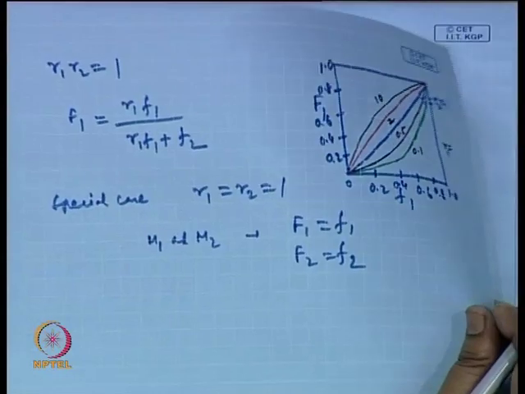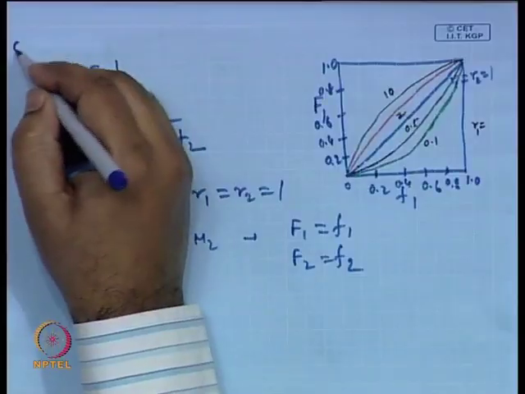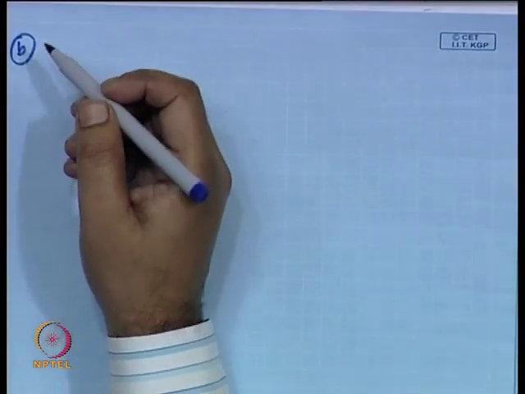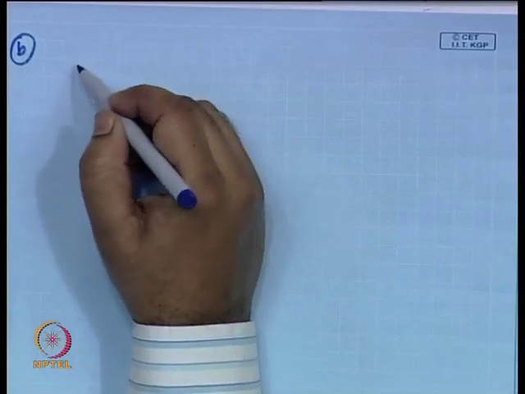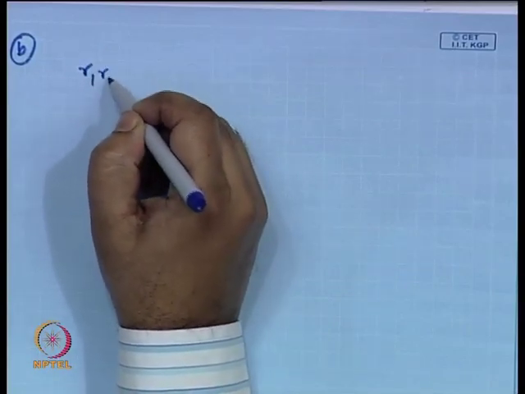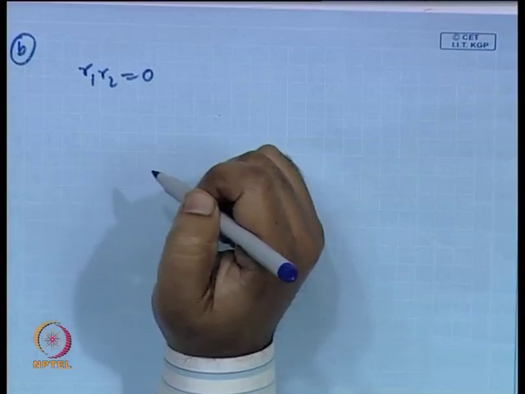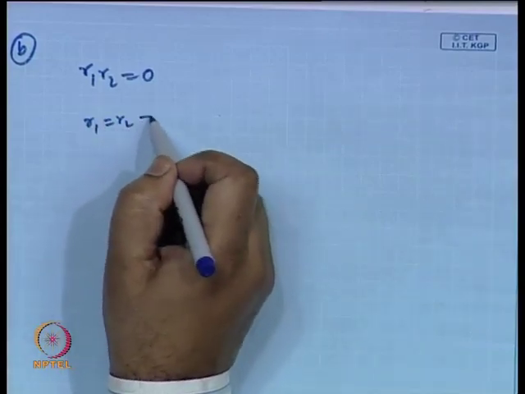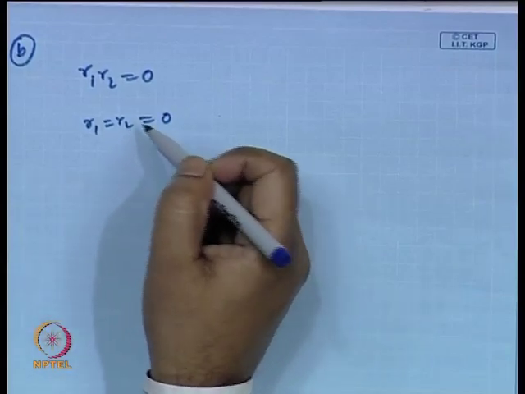Okay. Now, next we will talk about the second case. This was case number 1A, and let us talk about case number B, where we have R1 and R2 both 0.